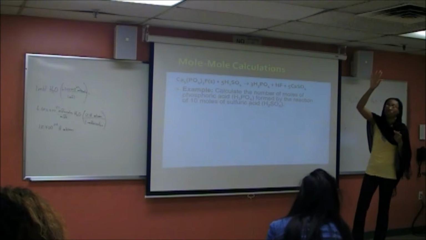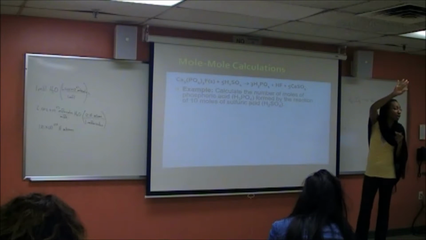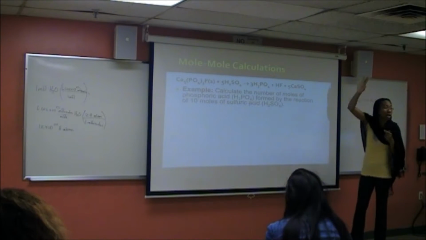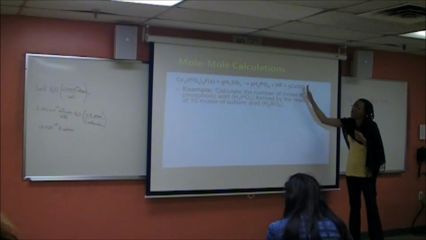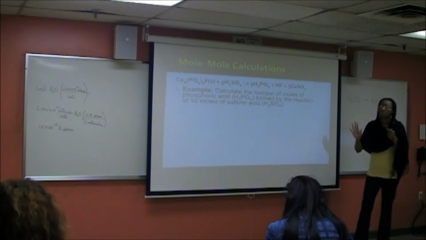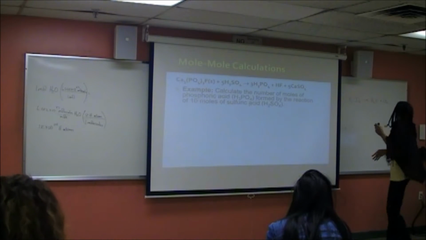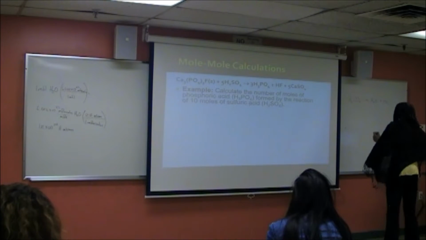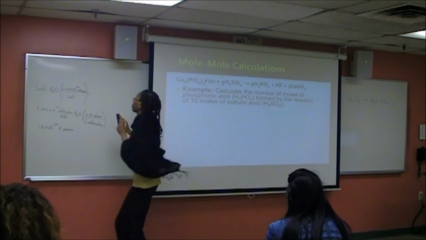So what's the mole ratio there? 3 over 5. 3 moles of phosphoric acid per 5 moles of sulfuric acid. So it's going to be more. What's going on, Mr. Craxton?